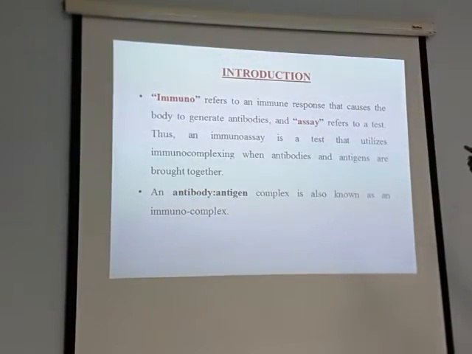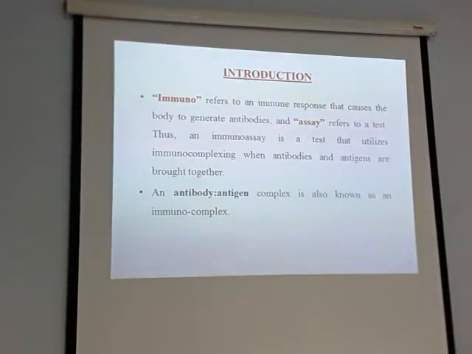So assay means test. Okay. Assay means test. So now what is the meaning of immunoassay? It is a test that utilizes the immune complex. What is the meaning of immune complex? That is antibody and antigen. The combination of antibody and antigen is called immune complex.